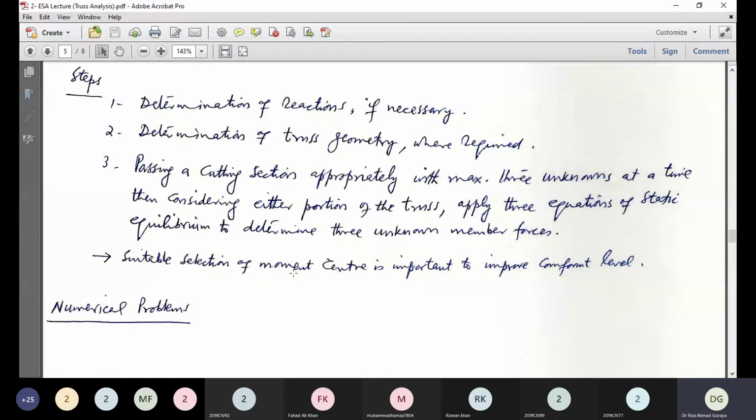So either it should be vertical or it should be a little inclined. Then another very important point is that suitable selection of the moment center is important to improve the comfort level. We will see in the numerical problems as well how it can help us reduce the calculation work.